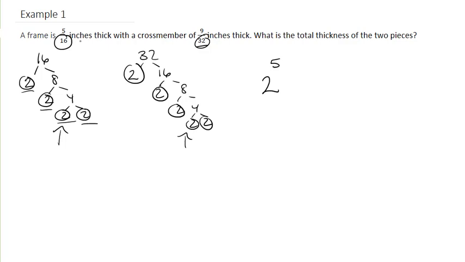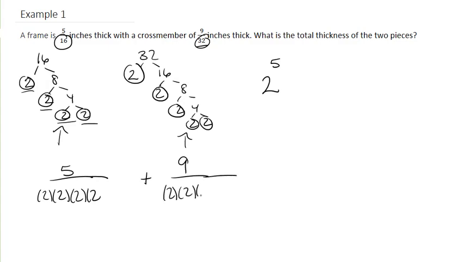So 5/16, which is really 2 times 2 times 2 times 2 on the bottom, plus 9 over 5 2's. We need the least common denominator, which is 2 to the 5th, which is equal to 32.